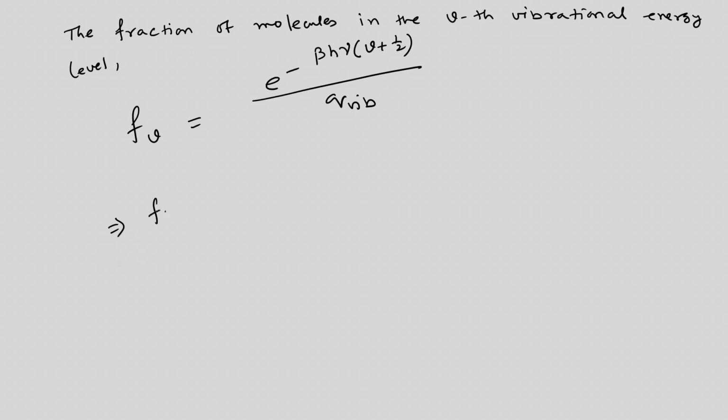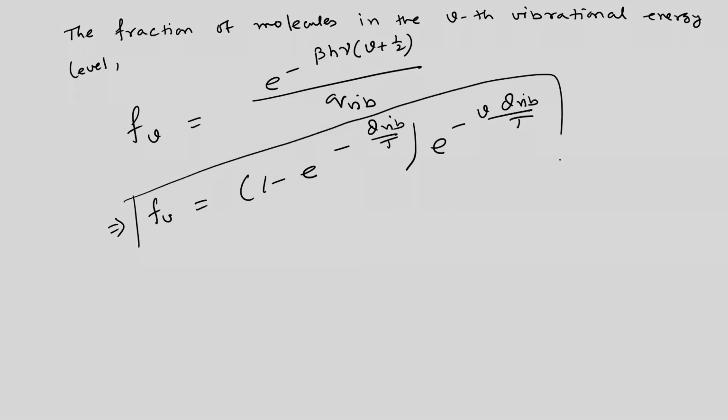If we substitute the value of Q_v, we get f_v = (1 - e^(-θ_vib/T)) e^(-v θ_vib/T). So, this is the expression for the fraction of molecules in the vth vibrational energy level.